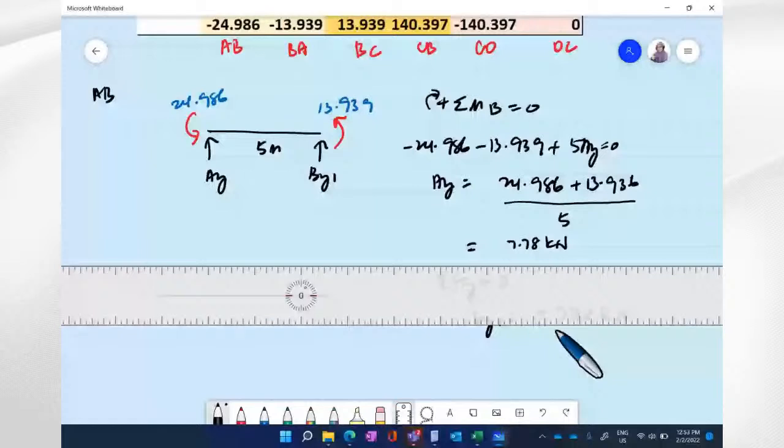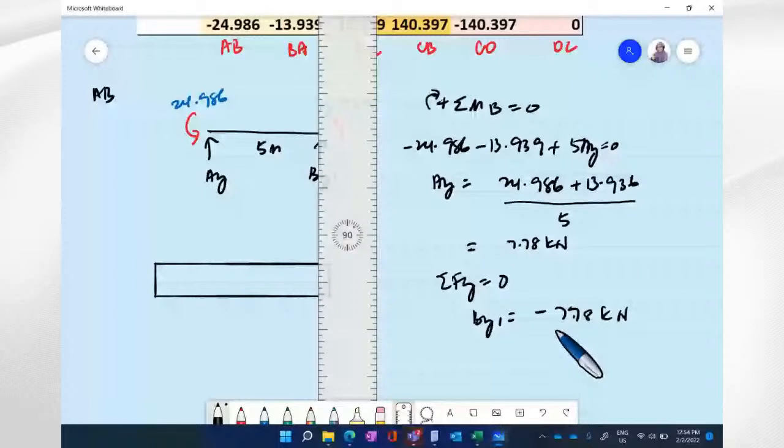Okay, we get like this. Okay, this is AB. This is actually 0 value, positive.